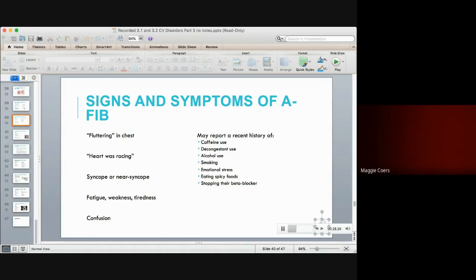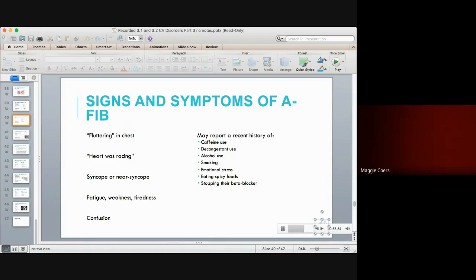They can have fatigue, chronic tiredness, weakness, etc. An AFib exacerbation can also cause more confusion because of the inability of the heart to pump well enough because of those ectopic beats, which causes lack of blood flow to the brain. So the patient can be a little bit more confused.